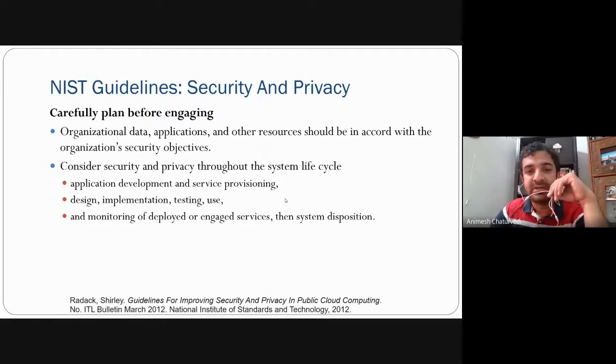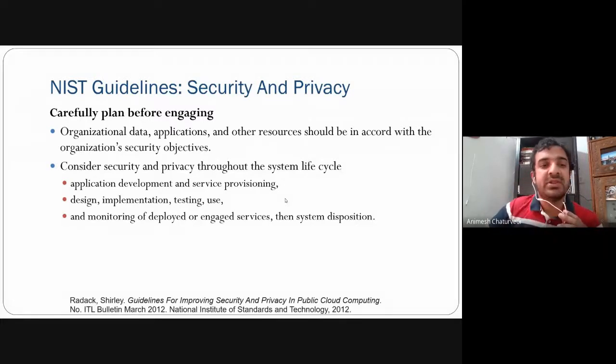Then security should be considered throughout the life cycle, so the plan should be made that throughout the life cycle of that system, security is considered. What does it mean? It means that while developing the application, while provisioning the service, all that time, security has to be a concern: the design phase, implementation phase, testing phase, and usage phase.